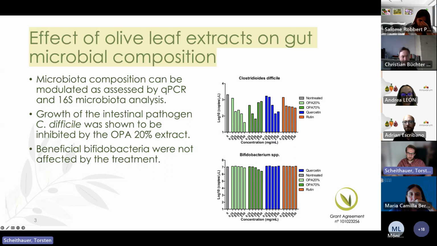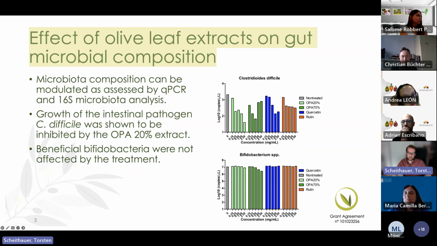But this qPCR approach is a very targeted approach. You can do quite a lot of primers, but you never really grasp the whole microbiota composition. And this is why we have data from the 16S, which is also a specific bacterial gene, where you can basically get the whole microbiota composition. And there we didn't really see much change.